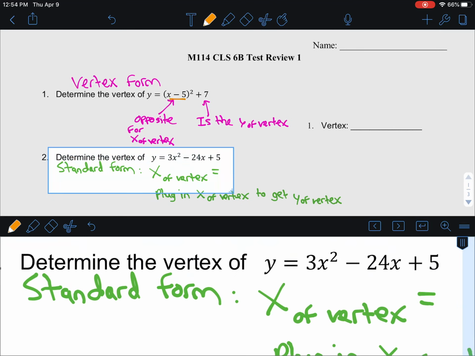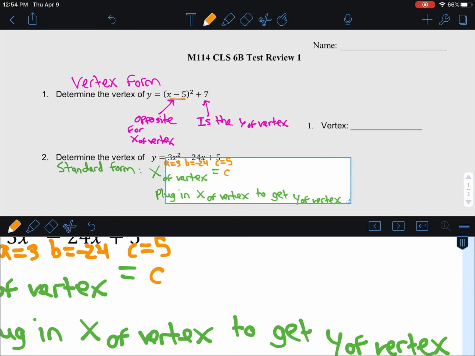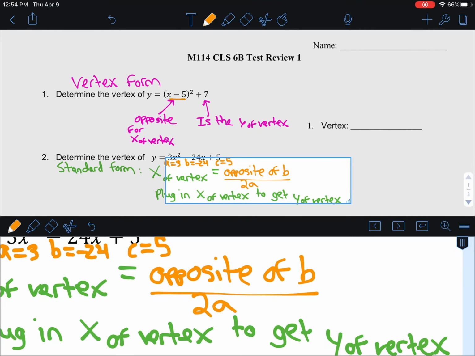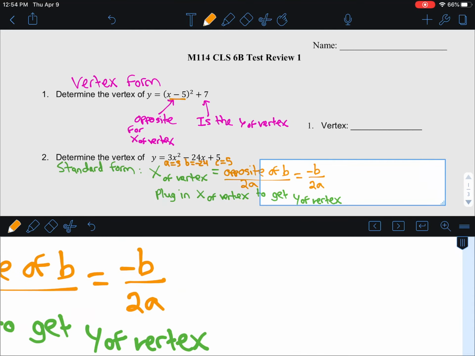Second one is in standard form because you have A, B, and C. Remember, in this case, A is 3, B is -24, C is 5. In order to find the x of the vertex, what you do is the opposite of B all over 2A. Or in other words, you might see me put -B over 2A. So in this case, you use 24 over 2 times 3, and then you can find the x of the vertex.